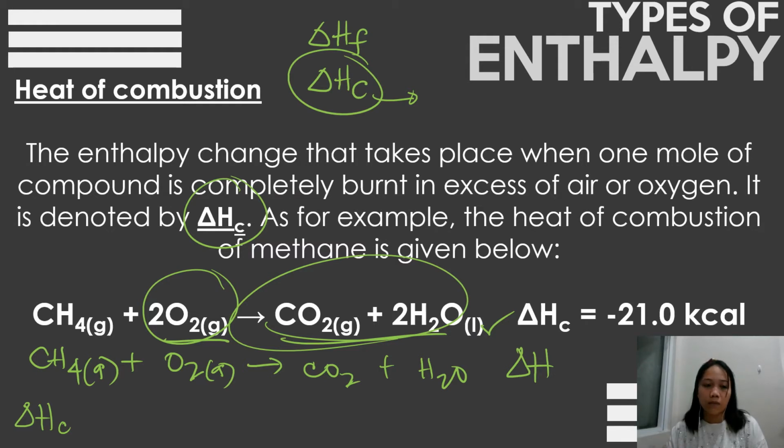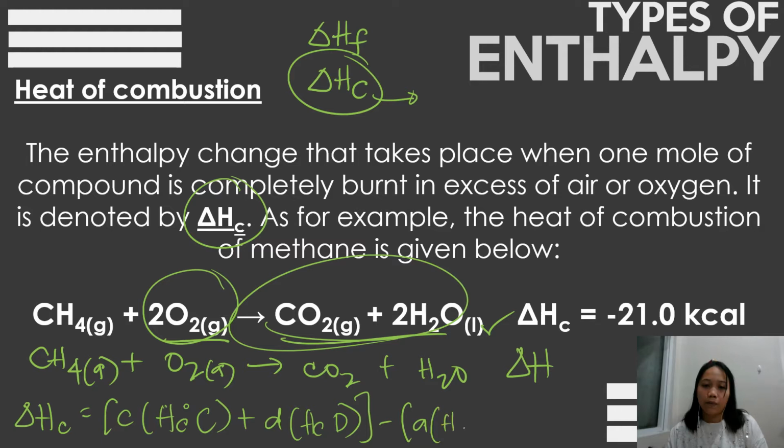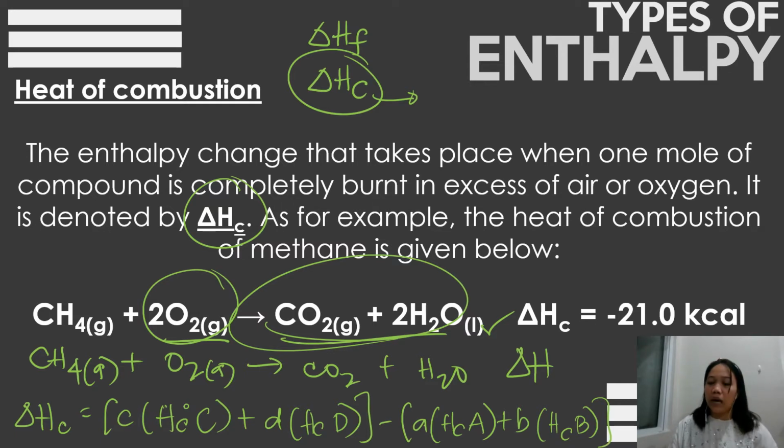So dapat C na yung magiging subscript mo, is equal to the HC prime value of your C plus the HC prime value of your D, minus the HC prime value of your A, and of your B. So, medyo mahaba lang siyang isulat, but it's actually not that hard kasi all you have to do is to do the mathematical operation involved.